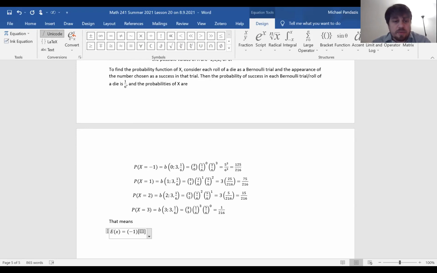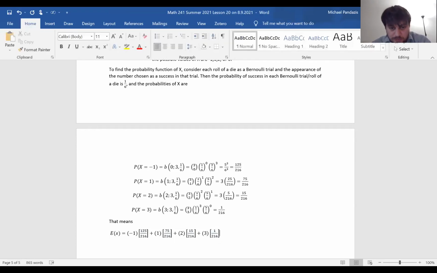So -1 times 125 over 216 plus 1 times the probability x equals 1, which is 75 over 216, plus 2 times the probability that x equals 2, which is 15 divided by 216, plus the last possible value of x, which is 3, times the probability x equals 3, which is 1 divided by 216.